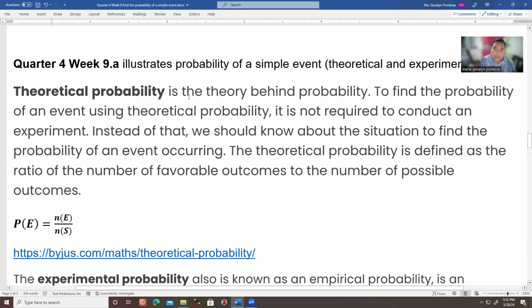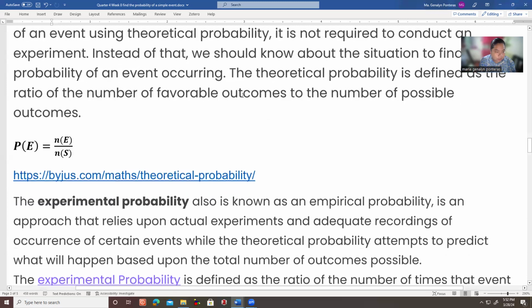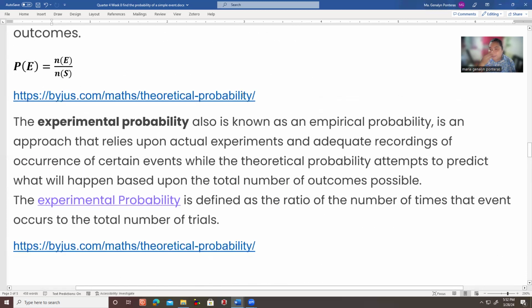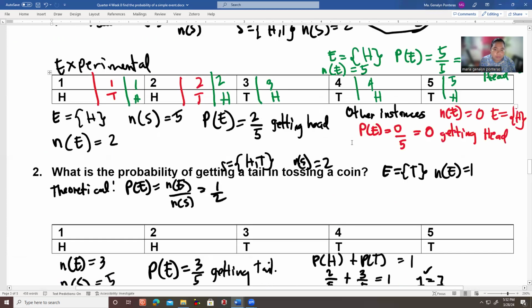That's theoretical, because theoretical probability is ideal probability. All of the possible outcomes have equal chances. In experimental, there's a possibility that some of the events do not occur because it depends on the result of the experiment.